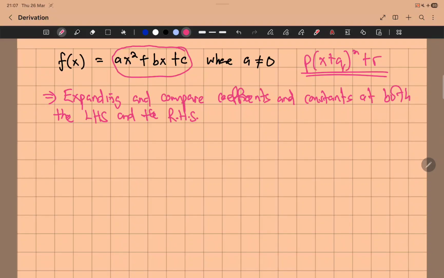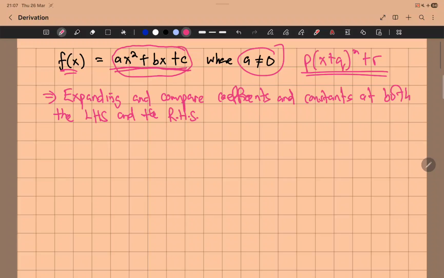Okay, so today I'm going to go over the same process again, that is to express this quadratic function f of x in this form where a is not equal to 0, because if a becomes 0, then we are left with bx plus c. So what we are going to discuss is only true if a is not equal to 0.